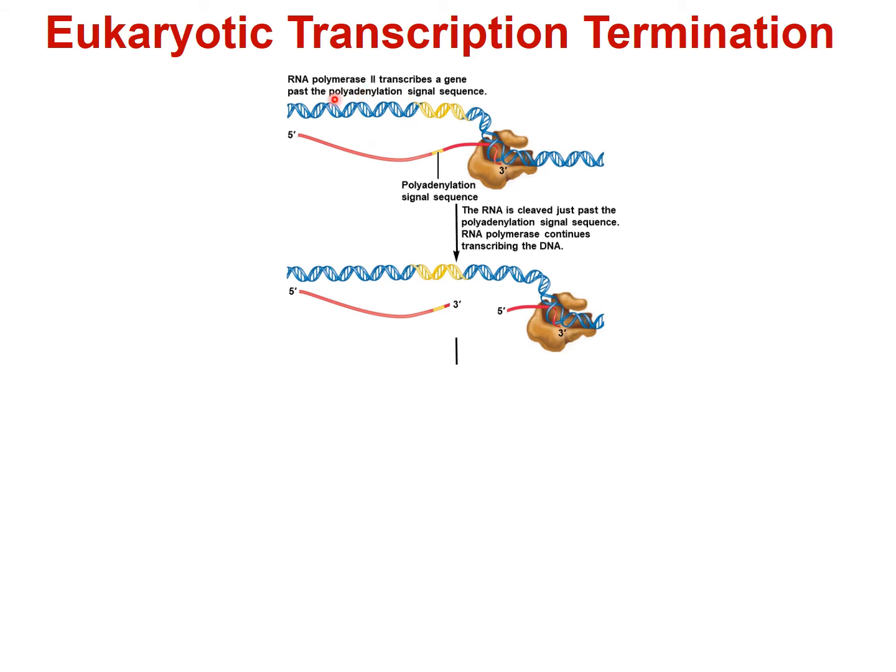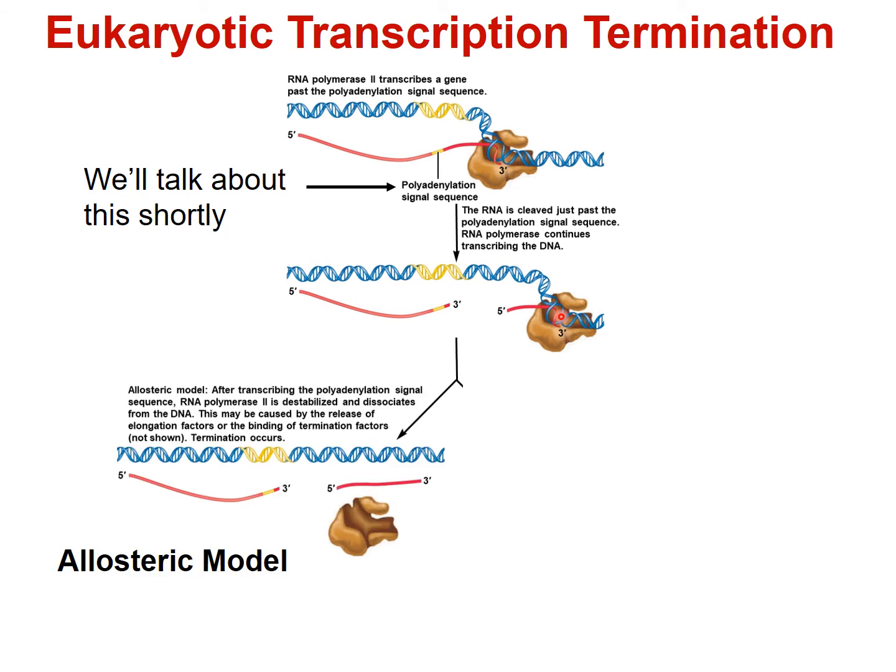It's going to transcribe past the polyadenylation signal, and we're going to talk about that sequence and what goes on there in a little bit. But suffice it to say that the RNA is cleaved just past this sequence. There's a cleavage releasing the messenger RNA part, so this part here, while the RNA polymerase can continue to transcribe.